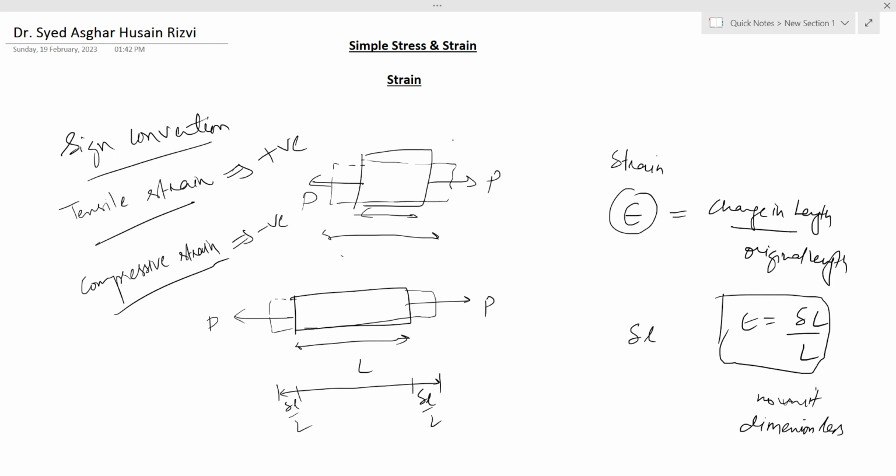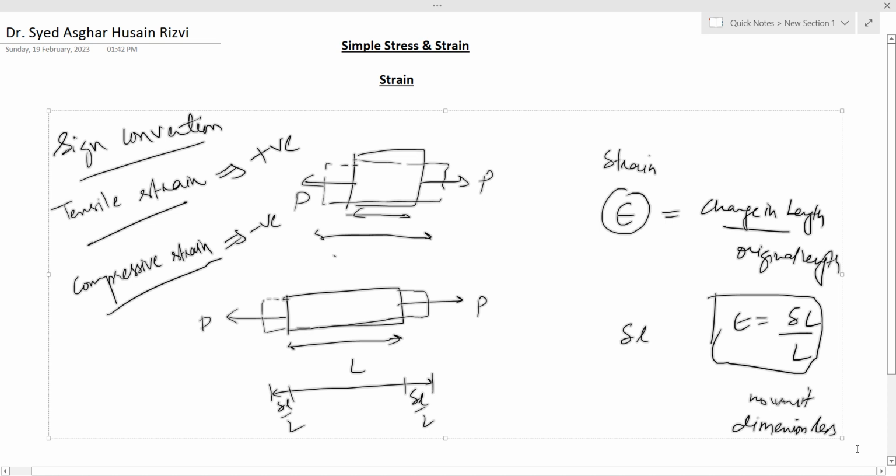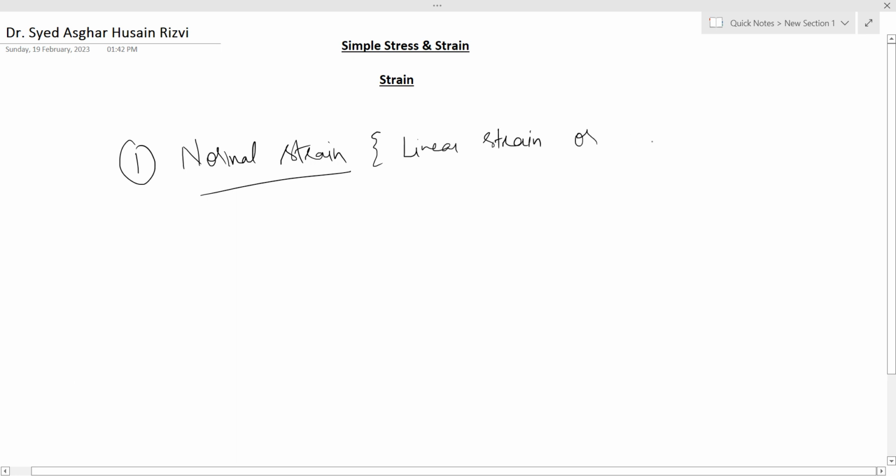Now we will discuss about the types of strains that a body experiences. The first type of strain is normal strain, or it is known as linear strain, or it is known as longitudinal strain.